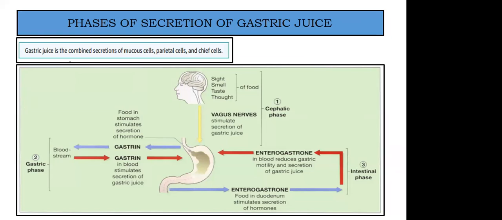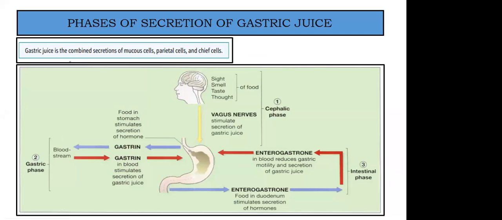Now the gastric phase. What happens in the gastric phase? When stimulated by the presence of food, the enteroendocrine cells in the pyloric antrum and duodenum secrete gastrin, a hormone which passes directly into the circulating blood.